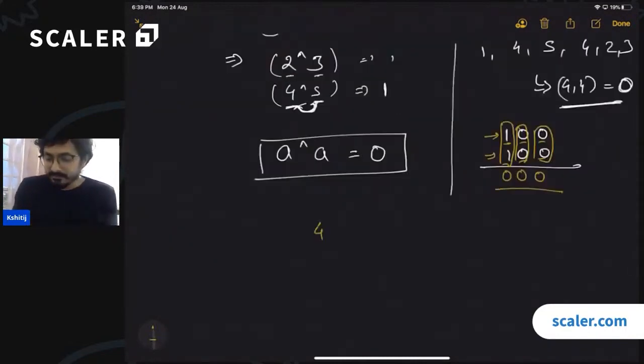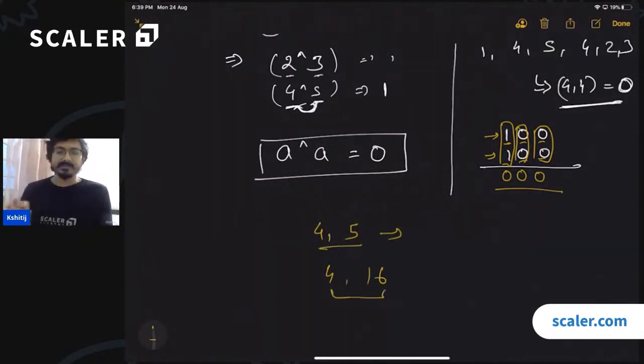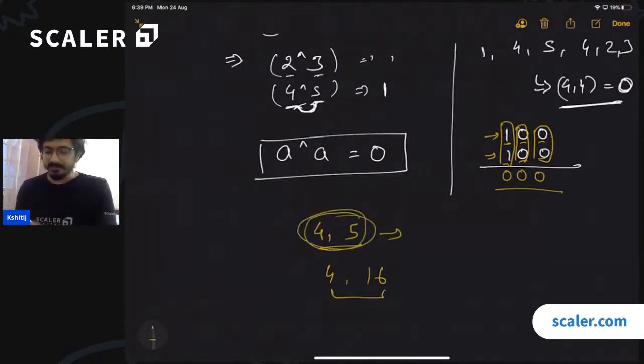For example, if I'm taking XOR of 4 with 5 versus XOR of 4 with, let's say, 16, this pair is going to give me a lesser XOR versus this pair. Does this observation make sense to everyone? Because chances of finding same bits are going to be more in this case versus this case.